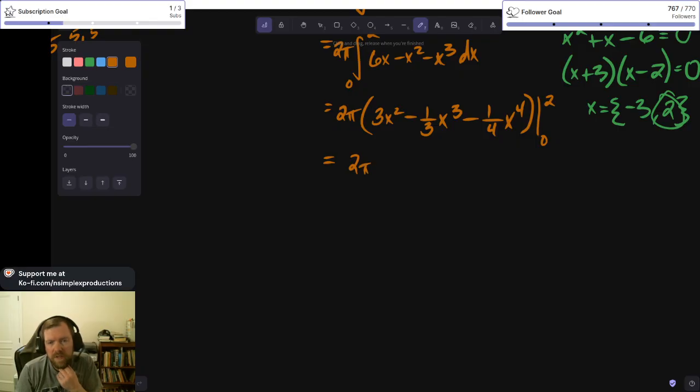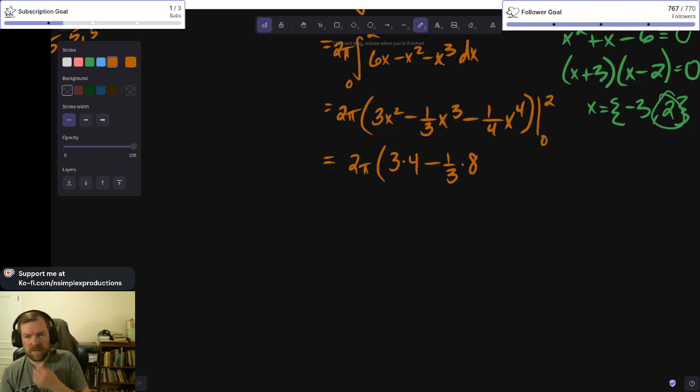Okay, 2 pi times 3 times 2 squared is going to be 4, minus 1/3 times 2 cubed, which is 8, minus 1/4 times 2 to the 4th, which is 16.